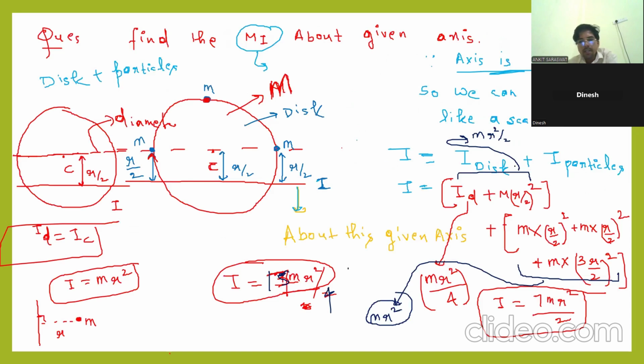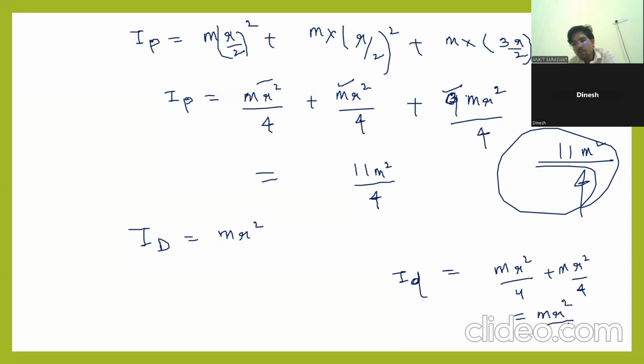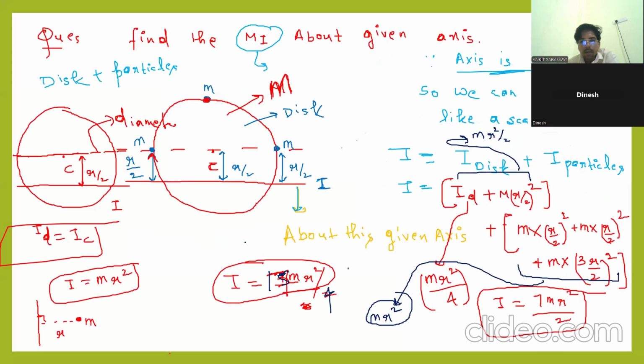For Id, if you look carefully, for the disk about the diameter it is mr square by 4, plus mr square, because of the square of the distance between the two axes. It is mr square by 2, that is 2 mr square by 4.